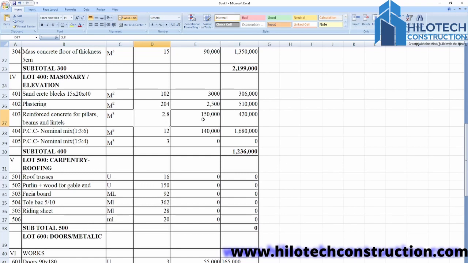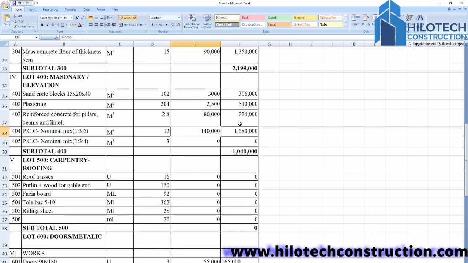So if you are sure that 1 meter cube of reinforced concrete, you can execute it at 150,000, what does that mean? You can evaluate: what is a bag of cement? How many bags of cement will go in a meter cube? How much formwork will you use in a meter cube? How much sand will you use here? How much gravel will you use here? If you sum that all and it is around this range, including the labor, then you know that you are good. Someone will just come here and put a price of, let's say, maybe 80,000 francs. 80,000, like you see here.